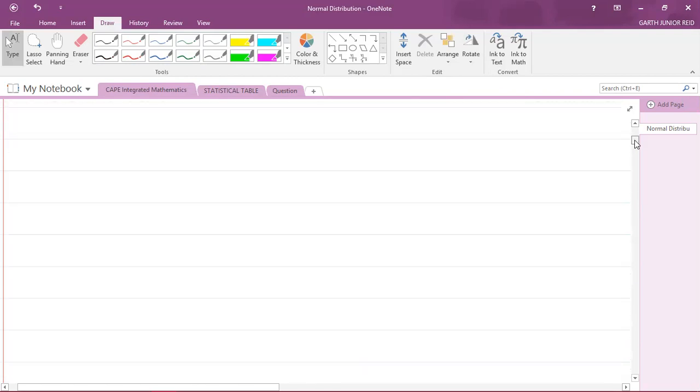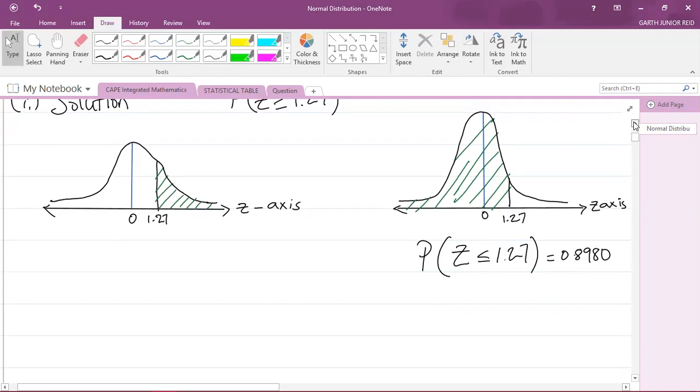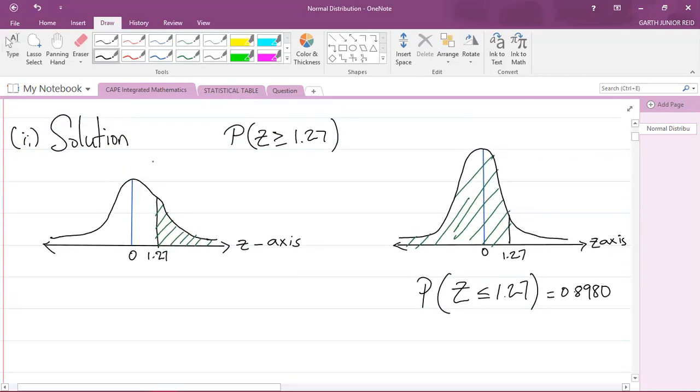Good. So I can use that knowledge now in order to find this probability, because I know that to the left of 1.27 is 0.8980, right?